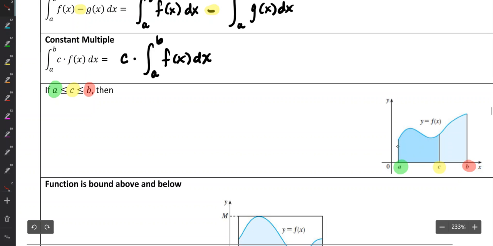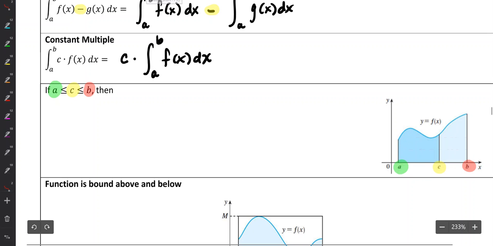You could go ahead and find the area under f as x goes from a to c, and then go find the area under f as x goes from c to b and add them two together. And when you add those two areas together, notice that you'll get the area under the curve f as x goes all the way from a to b.